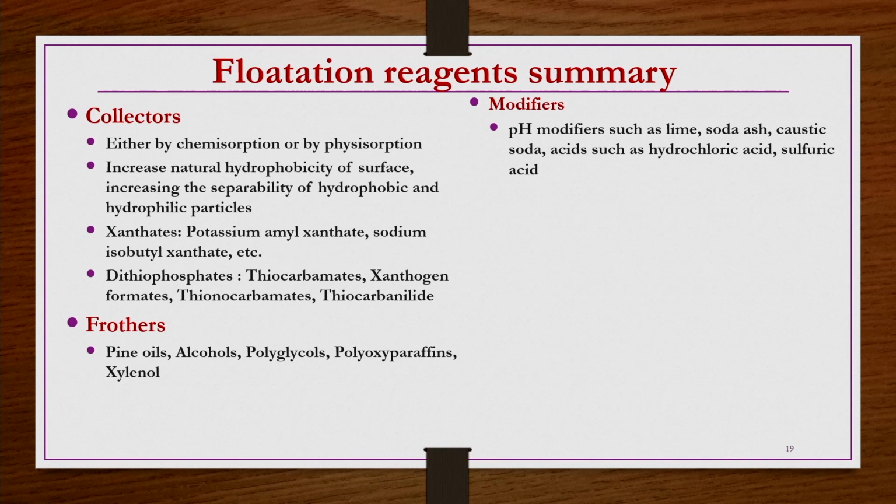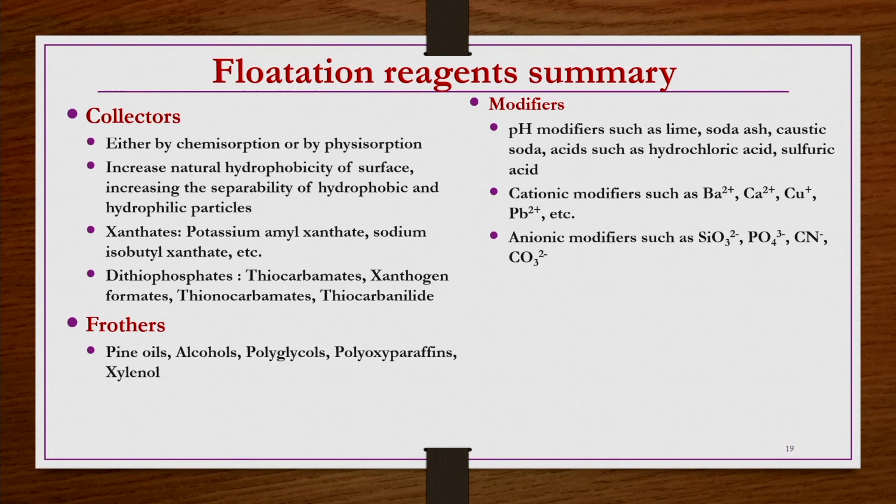Some of the pH modifiers are lime, soda ash, caustic soda, acids such as hydrochloric acid, sulfuric acid, etc. Cationic modifiers are such as barium 2+, calcium 2+, copper 2+, lead 2+, etc. Anionic modifiers such as SiO3 2-, PO4 3-, CN-, CO3 2-, etc. are good modifiers. Organic modifiers are also available such as dextrin, starch, carboxymethyl cellulose, etc.